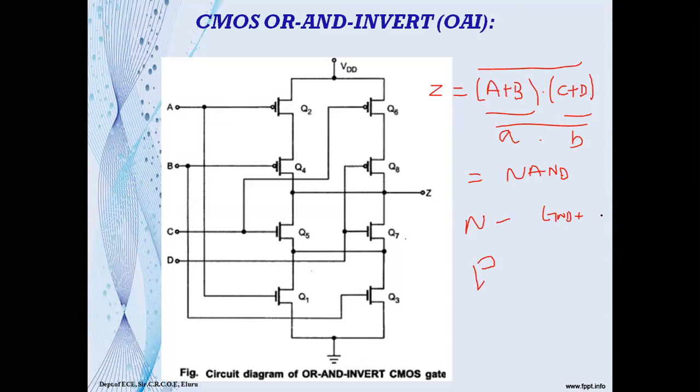The NMOS transistors are in series, right? And the PMOS transistors are connected to VDD, and they are in parallel, right? Now we will try to draw the circuit diagram here.